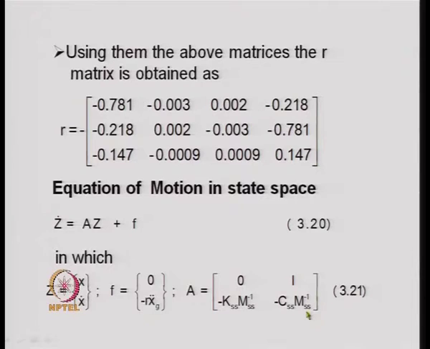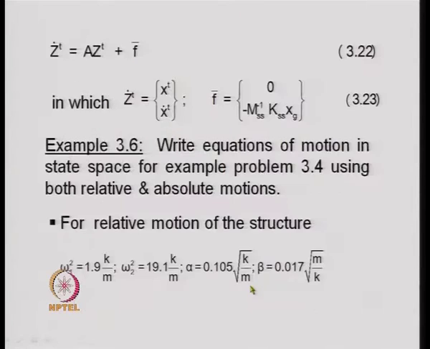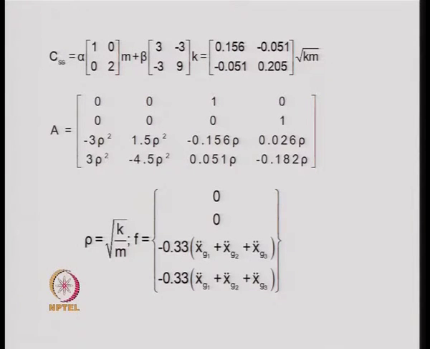Therefore, using this we can write down the entire A matrix, and this A matrix turns out to be like this. Here it will not be 2, it will be 102. You can make this correction, where rho is equal to root over k by m.